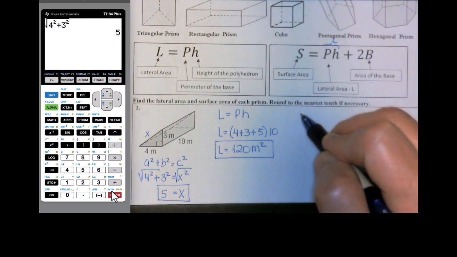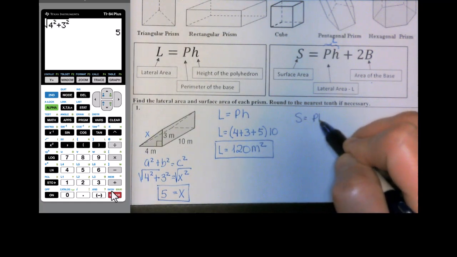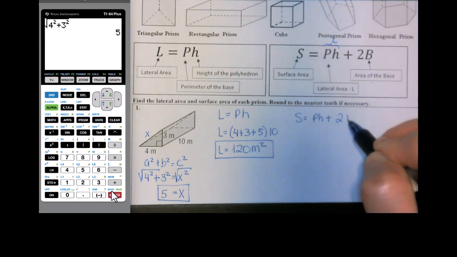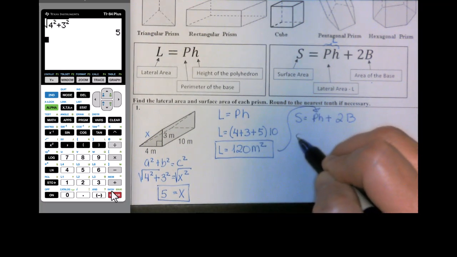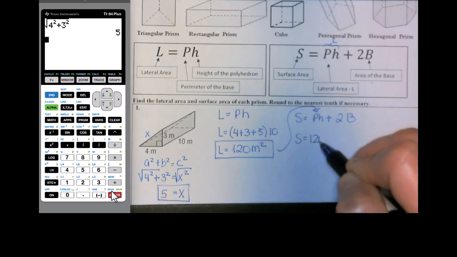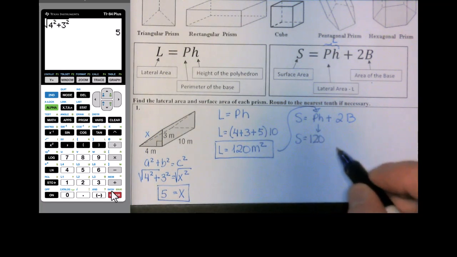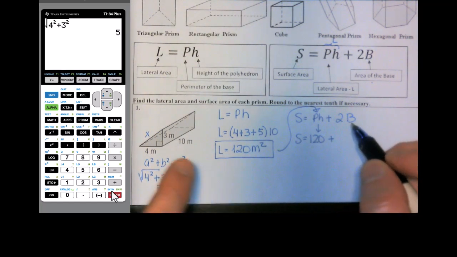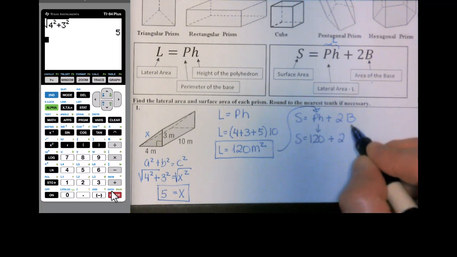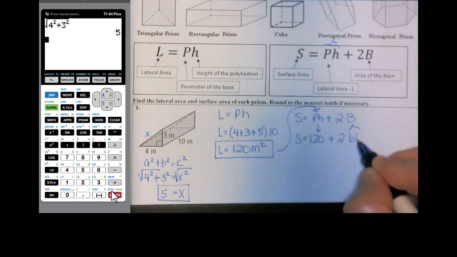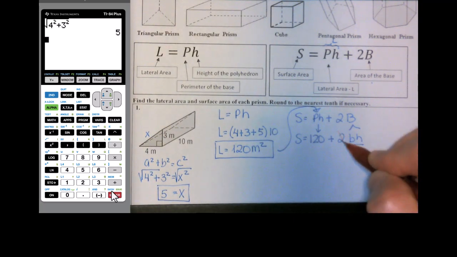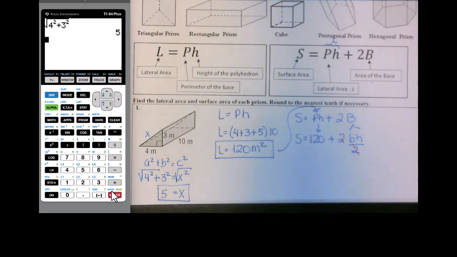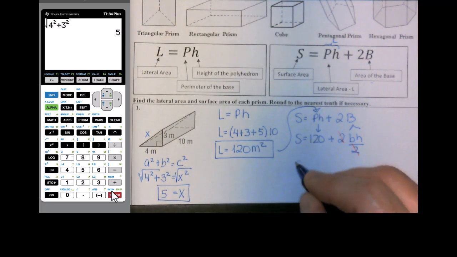Now let's find the surface area, which is PH plus 2 times the area of the base. Please notice that we already found this, so our job is almost done, because all we have to do is plug in the 120. Now our base is a triangle, so let's plug in the formula for a triangle, which is base times height divided by 2. Now notice that I can cancel these two, making the formula a little bit simpler.